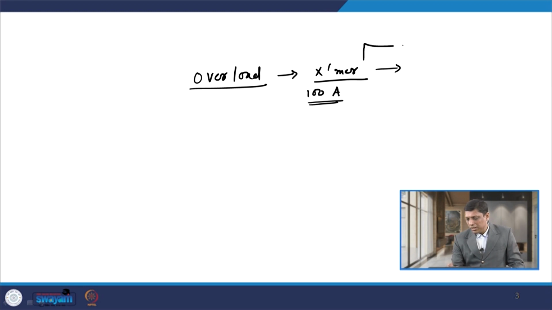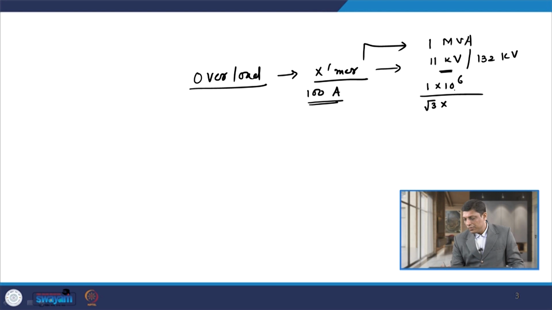For example, if I want to calculate this current, if I take a 1 MVA transformer with a voltage rating of, let us say, 11 kV by 132 kV, then on the 11 kV side the rated current of this 1 MVA transformer is 1 into 10 raised to 6 divided by root 3 into 11 into 10 raised to 3.